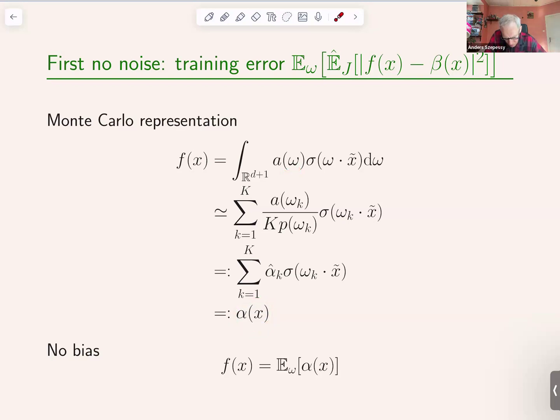So it is a neural network like that, which has the property that if we take the expected value, by construction we obtain the function itself, because the P will cancel out when we integrate over the omega density.